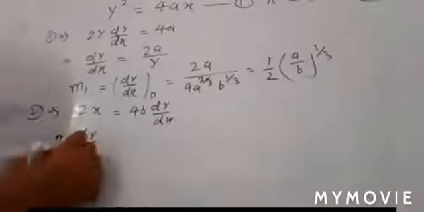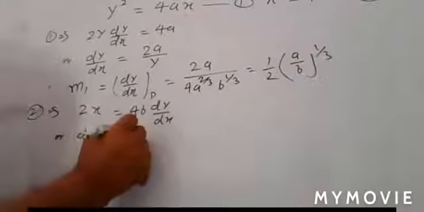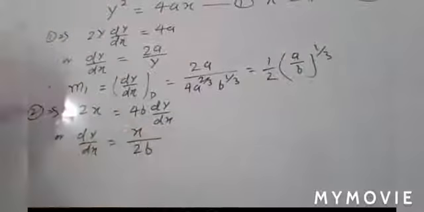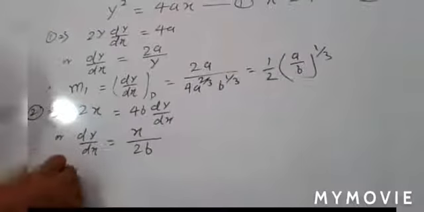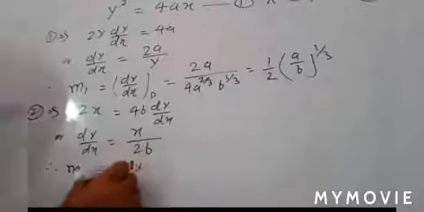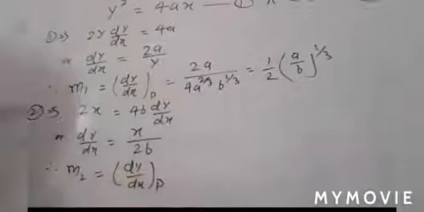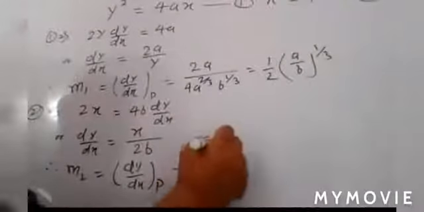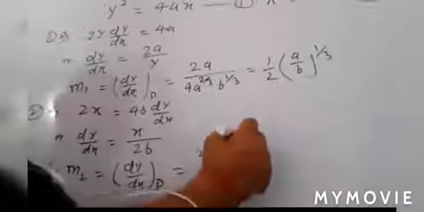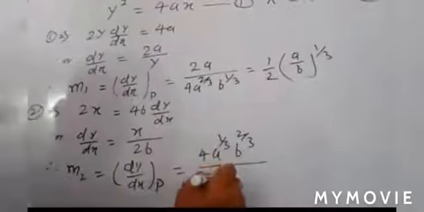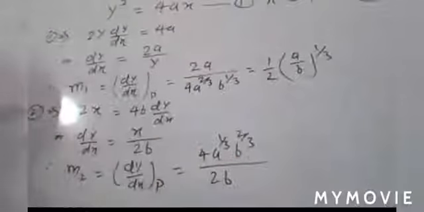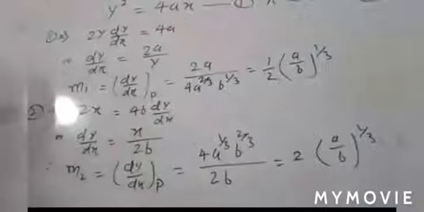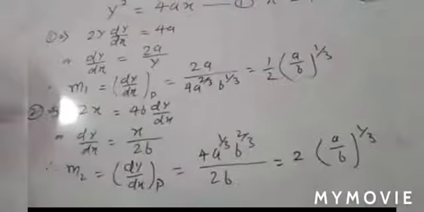So the value of dy by dx is equal to x upon 2b. So the value of m2 can be written as dy by dx at the point P. Here you put the value of x, 4a to the power 1 by 3, b to the power 2 by 3, whole upon 2b. So that can be written as 2 times of a by b whole power 1 by 3. You can write the value of m2 in this way.